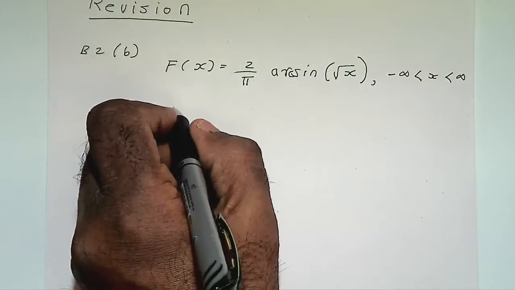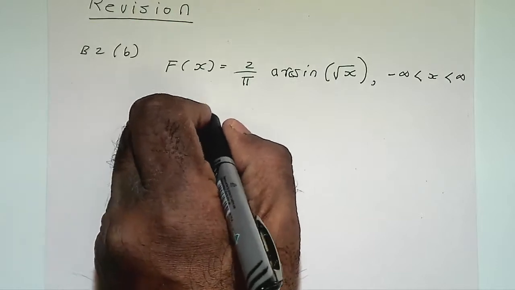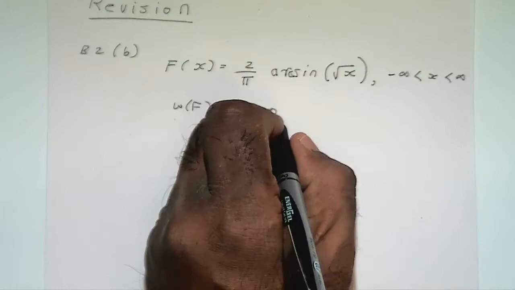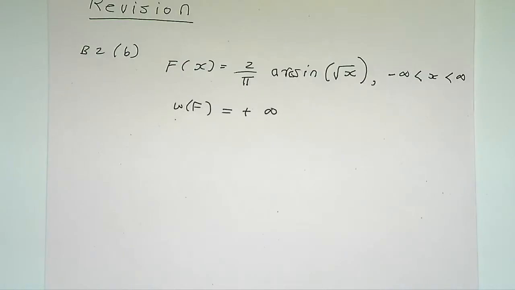So it is clear that because of the support, w of f must be plus infinity, right? Okay. All right, guys.